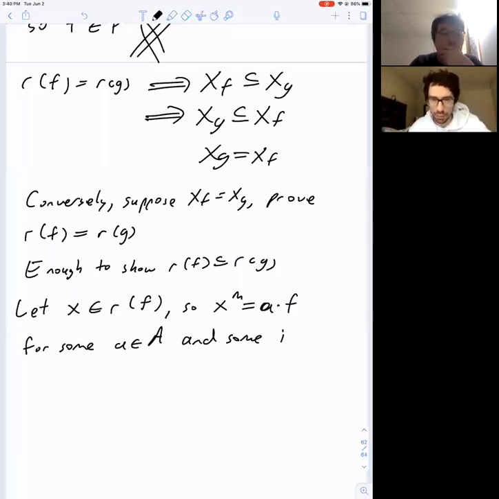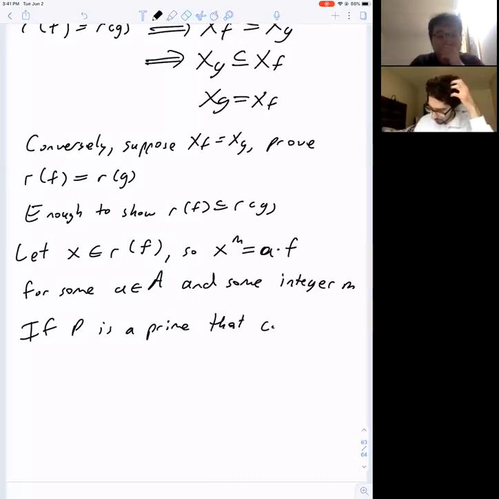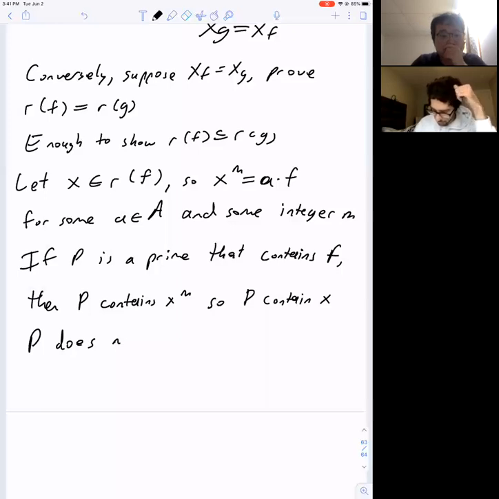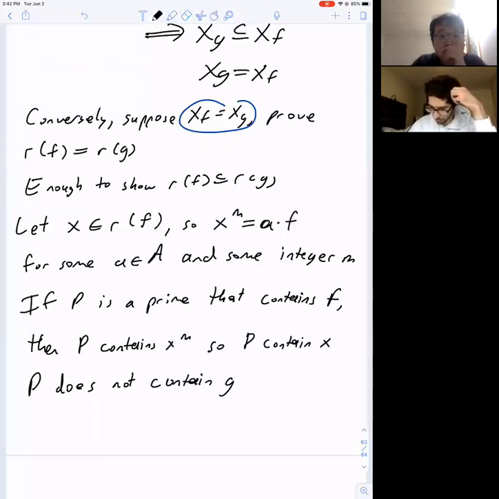Sorry, one sec, let me go backwards. So if P is a prime that contains f, then P contains x to the m. So that means P contains x.